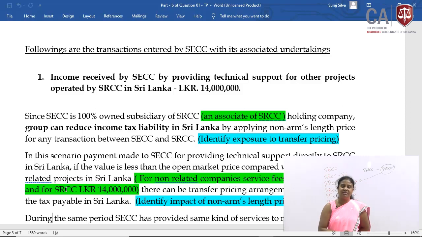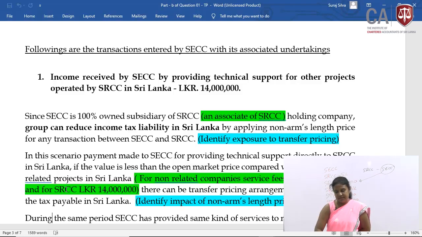With arrangements between these associates, they can reduce the income tax liability in Sri Lanka by applying what price, a non-arm's length price, for any transactions between SECC and SRCC. That's the first thing: identify exposure to transfer pricing. That means we have identified the transaction between associated undertakings.